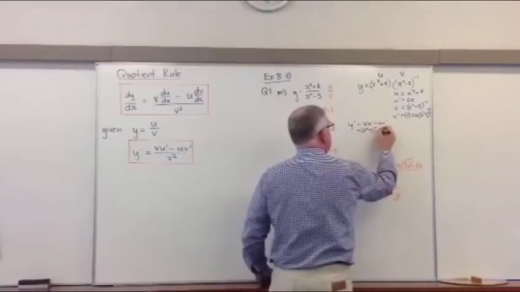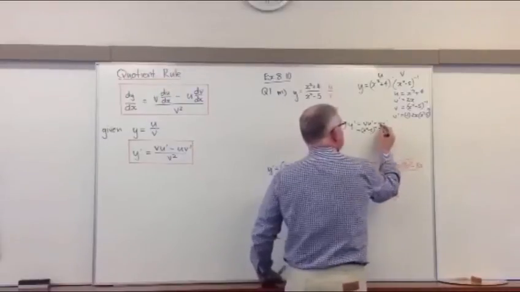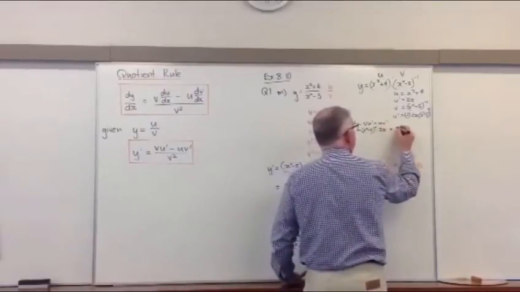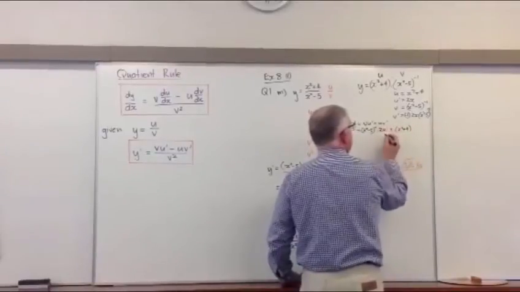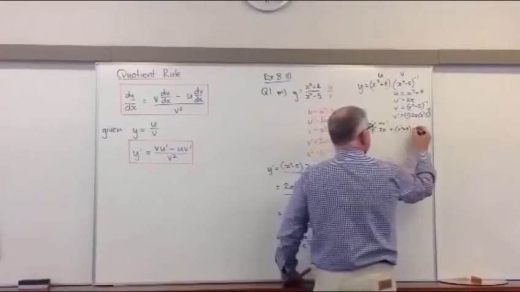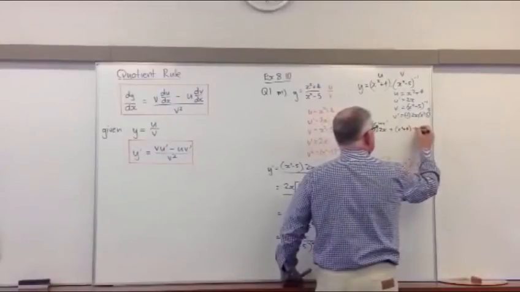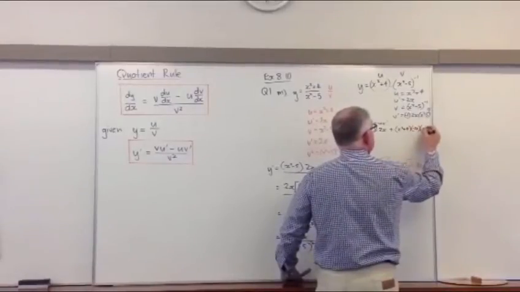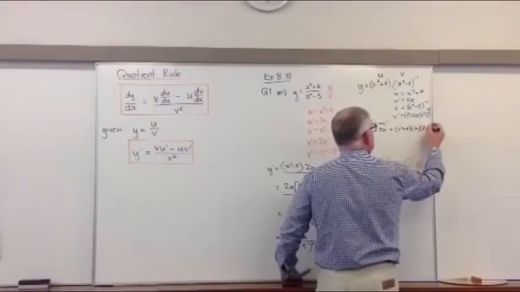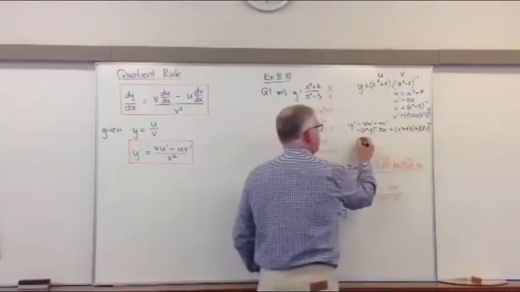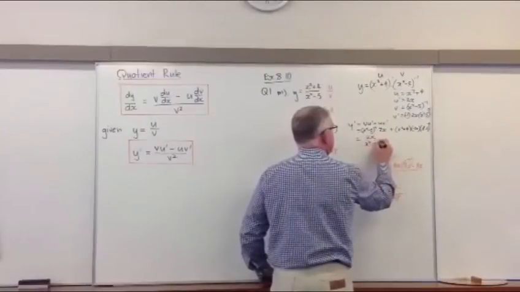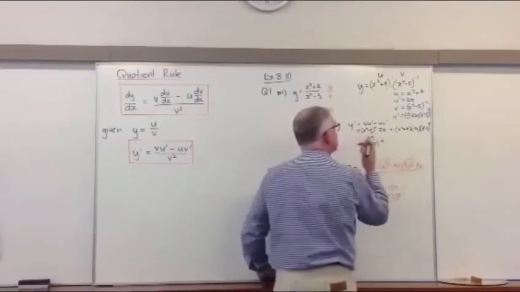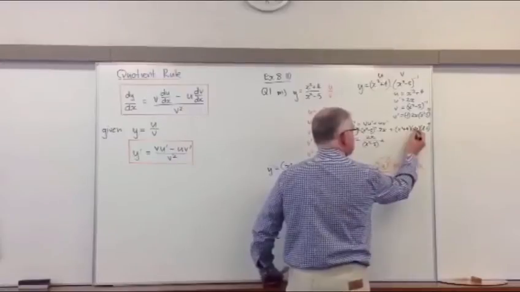What's u dash? Times 2x, plus what's u? x squared plus 4. And v dash? Minus 2x times x squared minus 5 to the power of minus 2. Now what that really looks like is 2x over x squared minus 5, plus, not plus, because that's going to be a negative, isn't it?